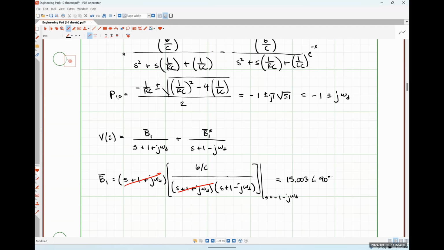When we solve for our second coefficient, we would multiply by S plus 1 minus j omega d and solve at -1 plus j omega d. The number we get for B2 will always be the complex conjugate of B1, so I don't see the point in solving for it. If the roots are conjugates, then the coefficients are conjugates. Yes, Ian.